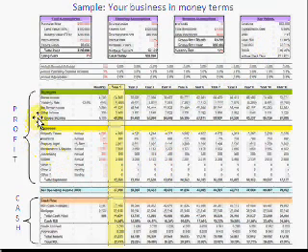In this sample, there is a table for revenues, for expenses, as they are important in showing profit or profitability. And then below is a table for cash flow.